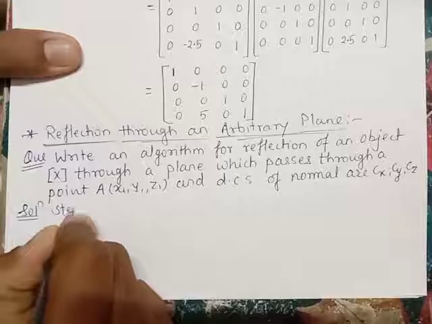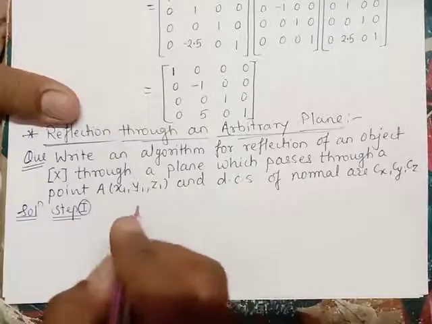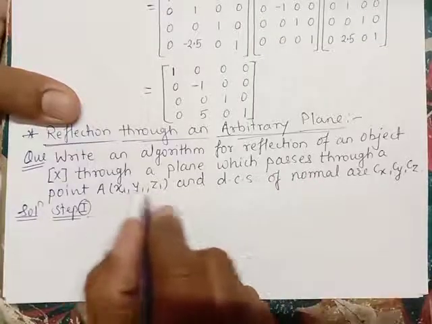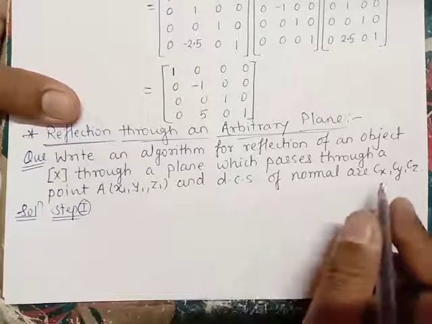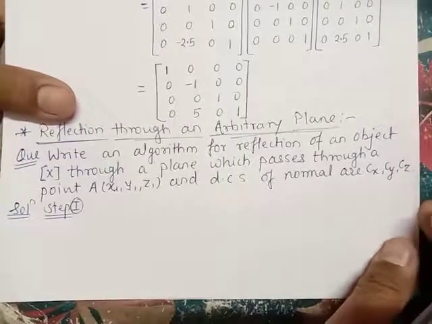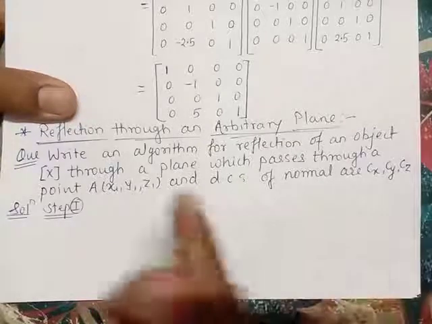Step 1. Now this is an arbitrary plane which passes through point this, and direction cosines of normal to the plane are given. Normal is nothing but perpendicular to the plane. There are many normals to the single plane, infinitely many are there.